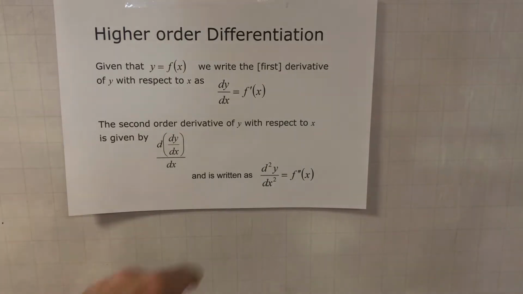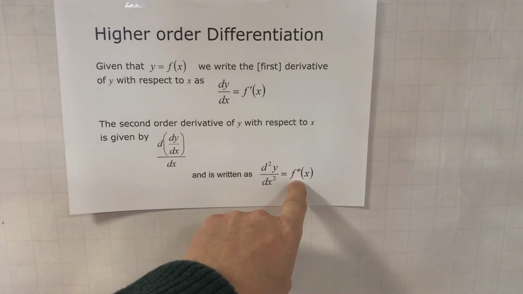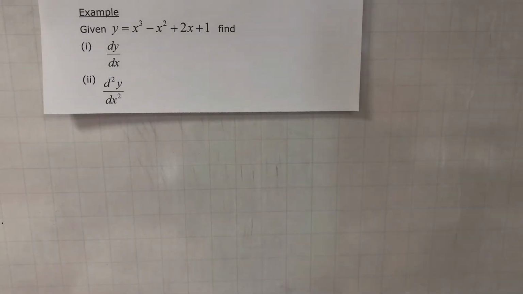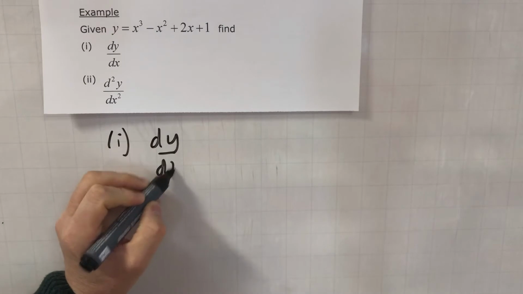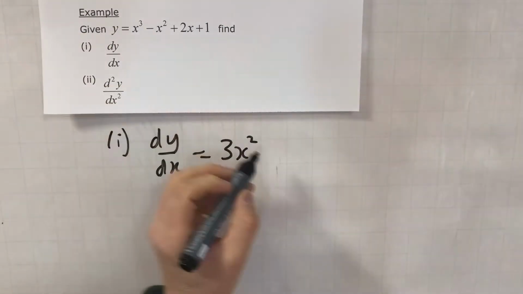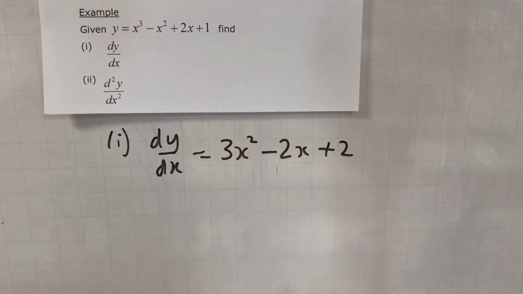An easier notation is if I differentiate f dash of x, we get f double dash of x. Therefore, to differentiate this, we already know we get 3x squared take 2x plus 2.